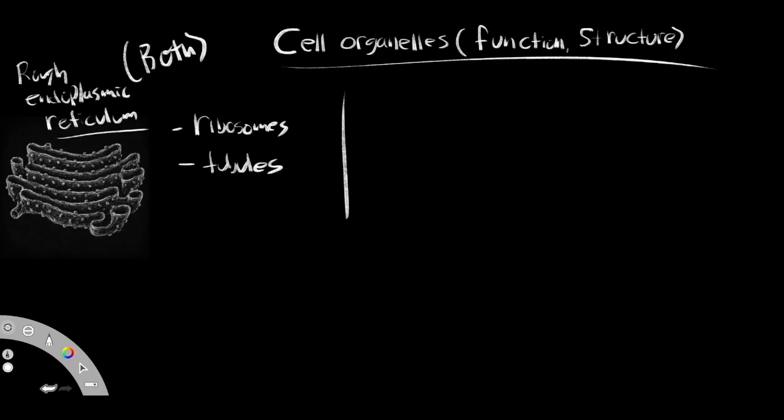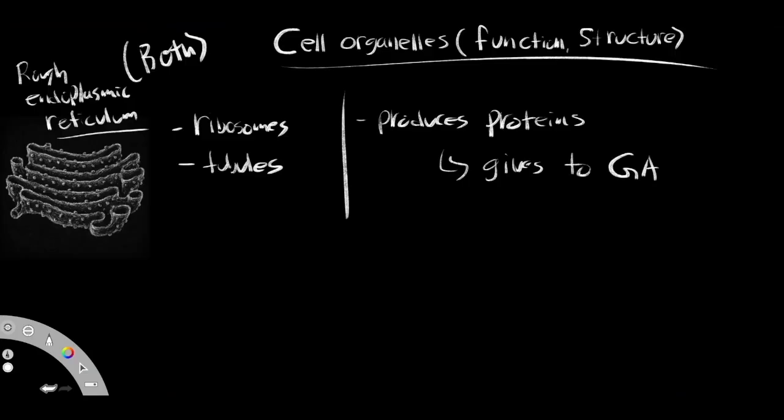What's important is that this one does not make fats, it makes proteins. And who does the rough endoplasmic reticulum give these proteins to? You guessed it, it gives them to the Golgi apparatus.